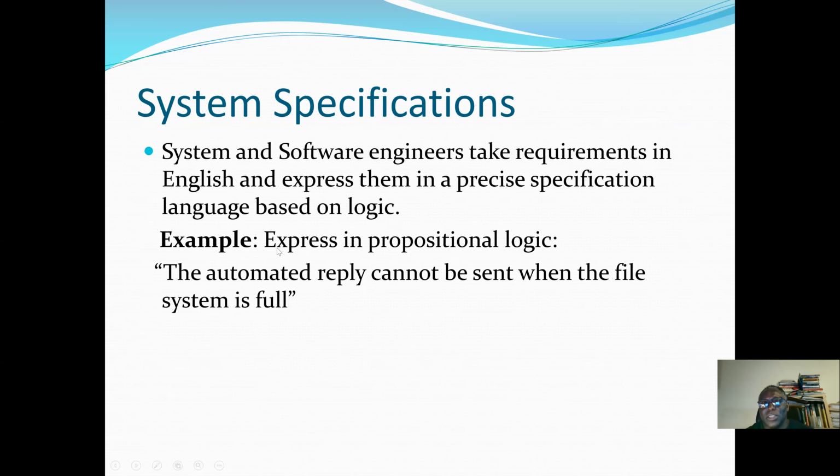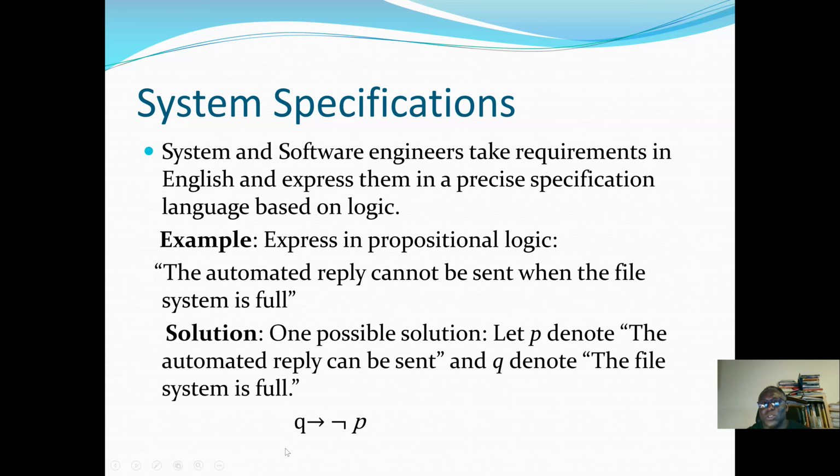So the example given: express in propositional logic, the automated reply cannot be sent when the file system is full. So this is again a system requirement, and this will be functional because it is how the system will operate, the task, the function of the system. So we can see the solution here. One possible solution: let P denote the automated reply can be sent, and Q denote the file system is full.